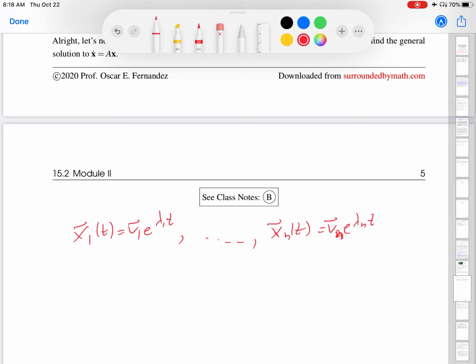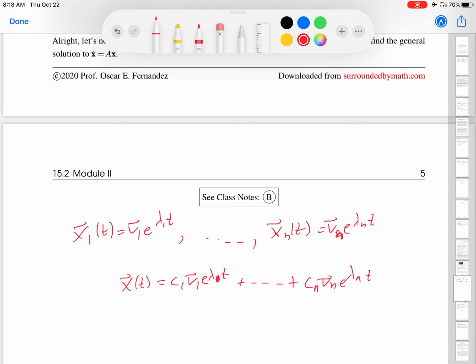And I want to somehow combine these to form the general solution. I would like to say that the general solution is the linear combination of all of these. That's normally what we do when we find solutions in this class. For some time now, our instinct has been to take the linear combination of them and hope that that's the general solution. And we have all sorts of theorems that have told us that that's true.